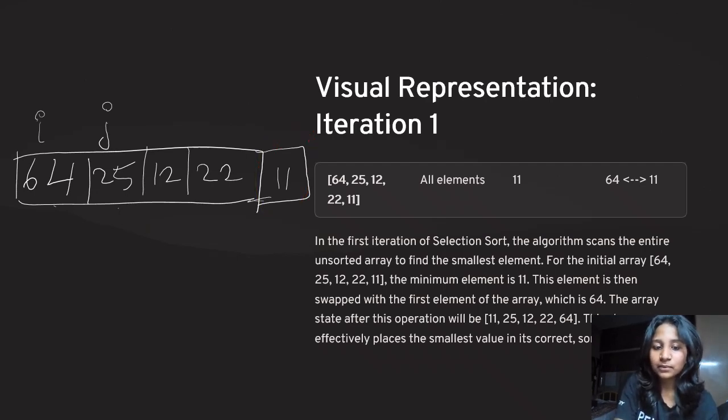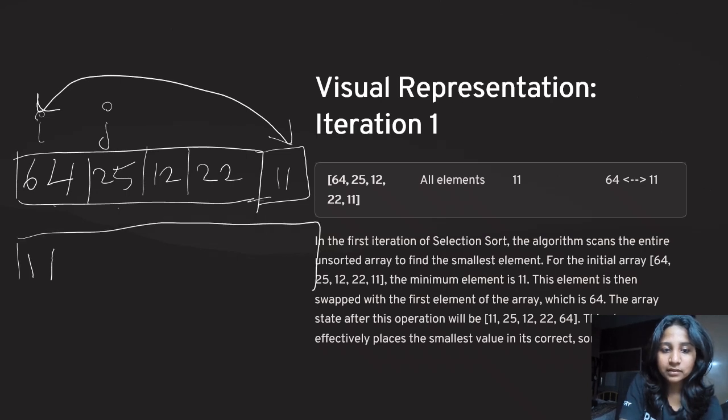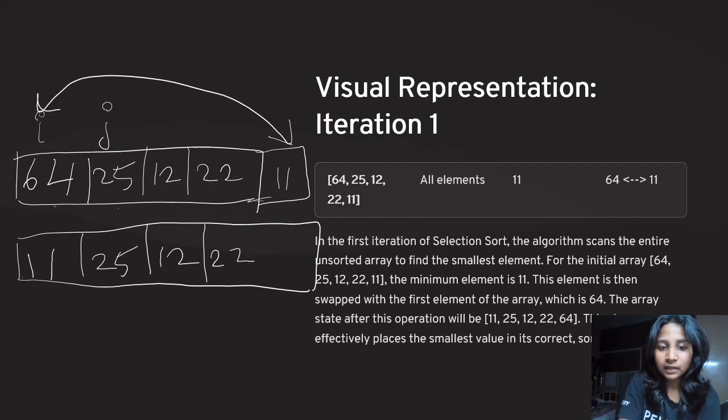So what we do, we bring 11 to the first position. We swap 11 with the min index. This is what we're doing here. So it becomes 11, 25, 12, 22 and 64.